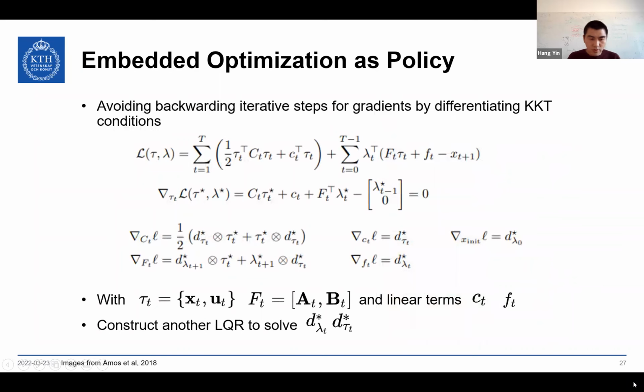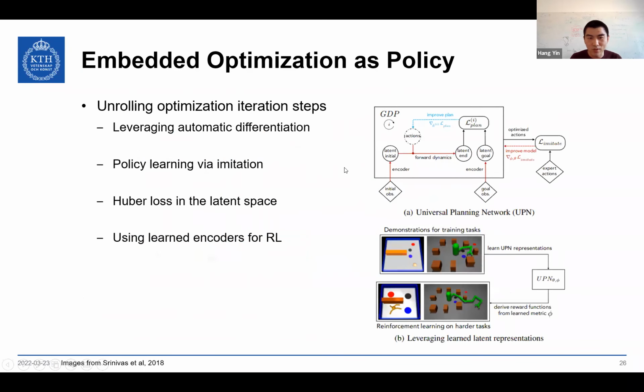And also, in a little more recent work, people try to avoid this expansion of the optimization. That's why in this work, they didn't really use that for reinforcement learning, because for each policy query you need to solve the entire optimization.